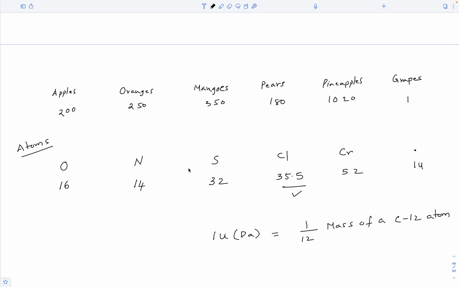Now our goal is to buy equal number of atoms of different elements. Then how can we do that? Same thing. You need the relative atomic masses of different elements or atomic weights of different elements. But we cannot use a kilogram or a pound as the reference to determine these relative atomic masses.